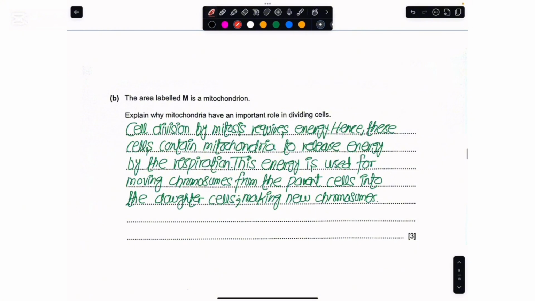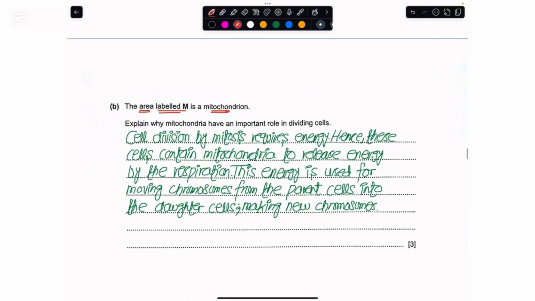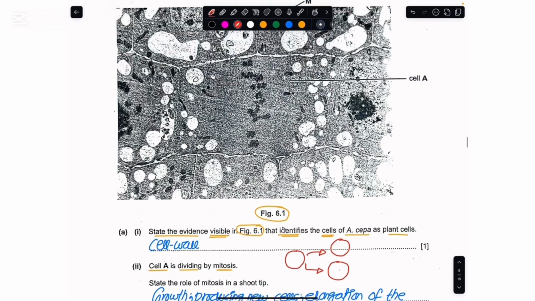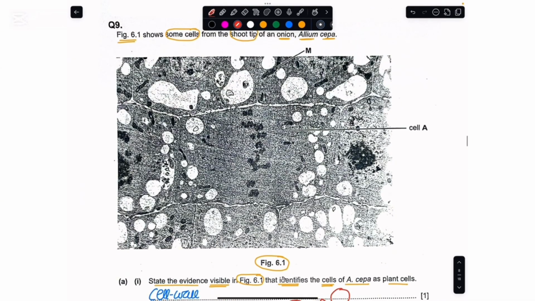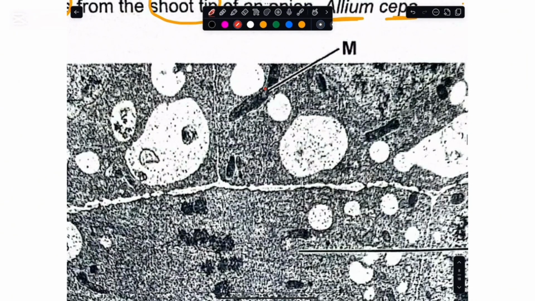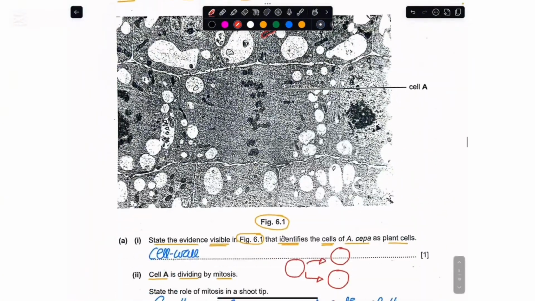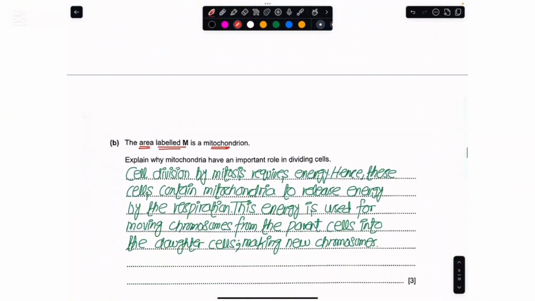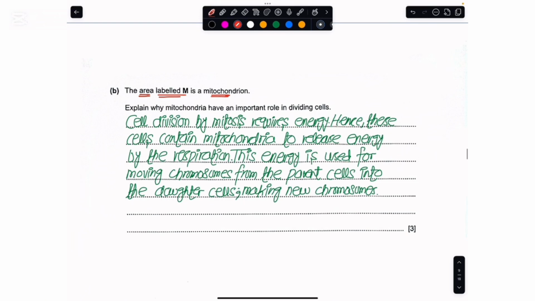Now, here they say that the area labeled M is a mitochondria. So if I move you back to the figure which they have given us, here we have this structure, and this is M, and they say that this is a mitochondria. What they ask is that you explain why the mitochondria have an important role in dividing cells.